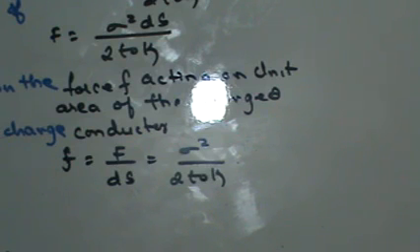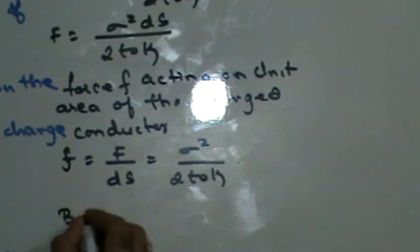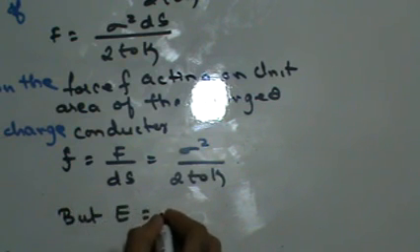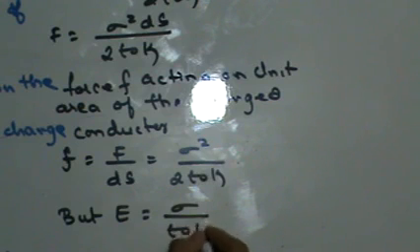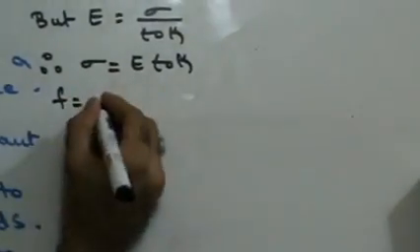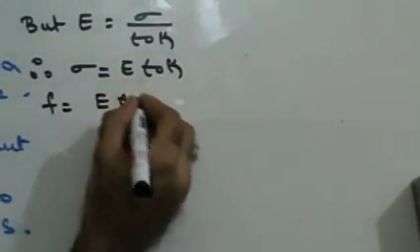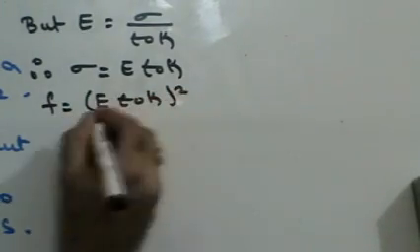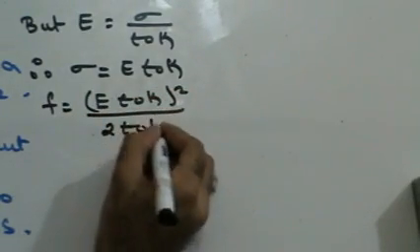But we had already derived that electric intensity is sigma upon epsilon 0 k, right? Therefore I can say that sigma is equal to E times epsilon 0 k. If I substitute this value of sigma, I'll get force per unit area is E times epsilon 0 k the whole square upon 2 times epsilon 0 k.